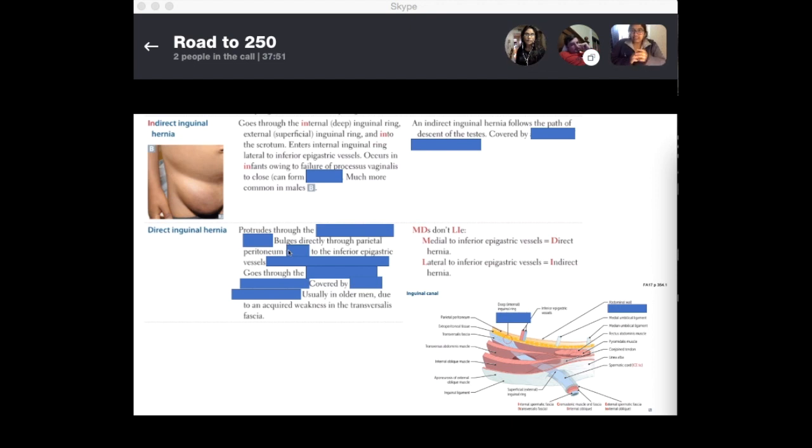And this can occur in infants since they can have a failure of the processus vaginalis to close, which I will ask about in a little bit. But before then, since these follow the path of the descent of the testes and go through both the internal and external rings all the way to the scrotum, they're going to be covered by what?